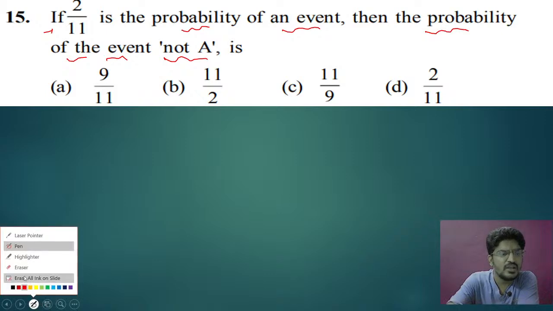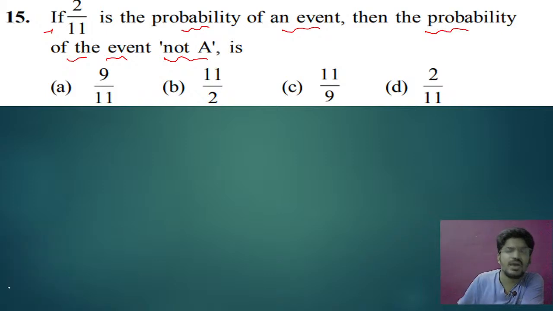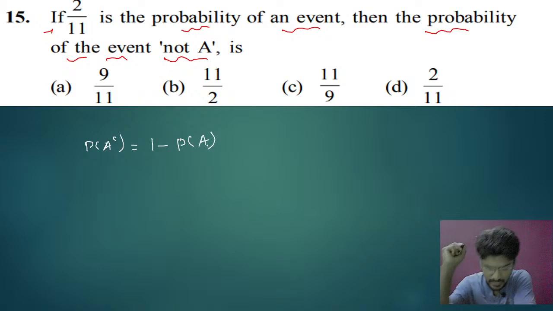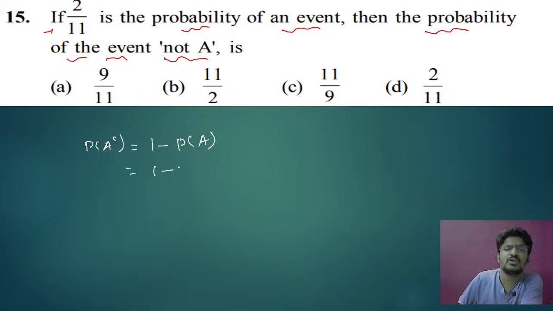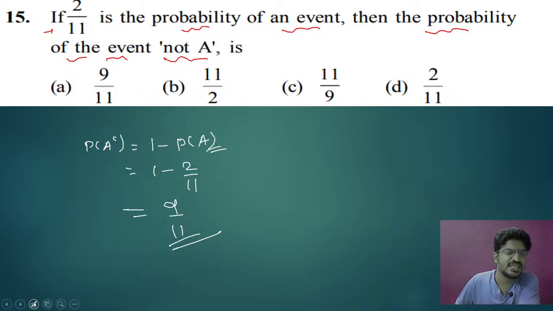Probability of an event not A means probability of A complement, that is 1 minus probability of A. We need to answer for probability of not A. So we have to calculate 1 minus probability of A. What is probability of A? 2 by 11. So this will be 9 by 11. Therefore option A is the correct answer.